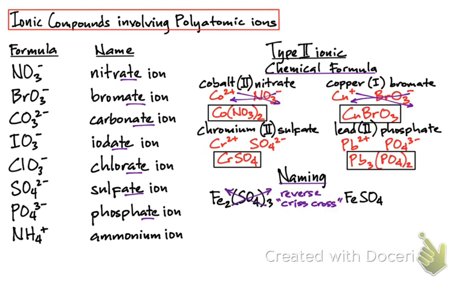So here, when you perform the reverse crisscross, you get Fe3 plus and SO4 2 minus. And you can see that the sulfate ion has the proper negative 2 charge, and so that must mean that Fe3 plus is the correct charge. So now that you know the charge on the transition metal, this is called iron 3 sulfate.